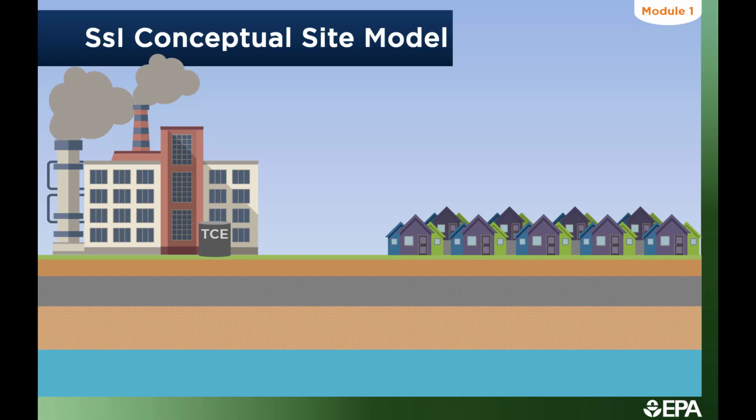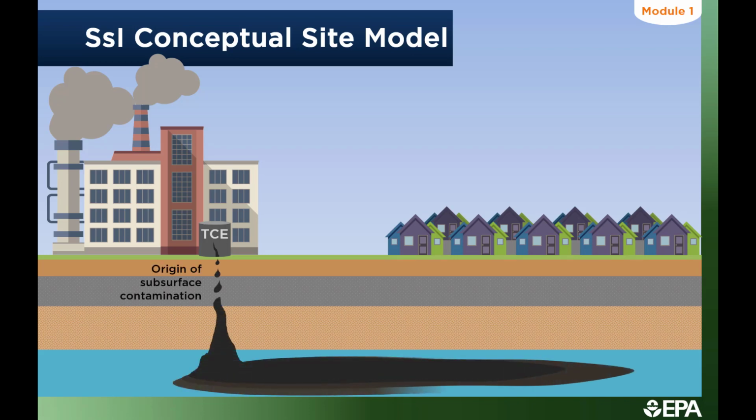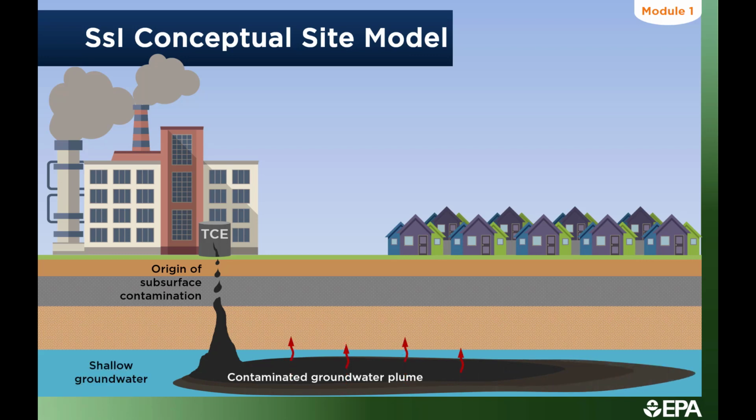A complete conceptual site model for the SSI component will identify the hazardous substances present at the site and their origin. It will also identify how the hazardous substances migrated from the origin into and within the subsurface, and how they then migrated from the subsurface into overlying structures.